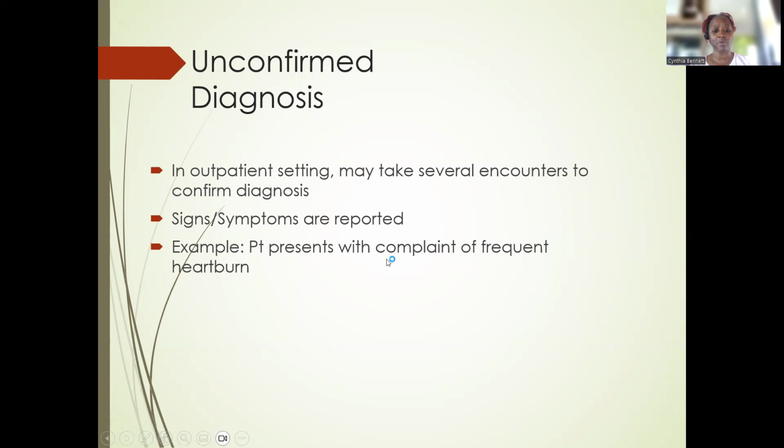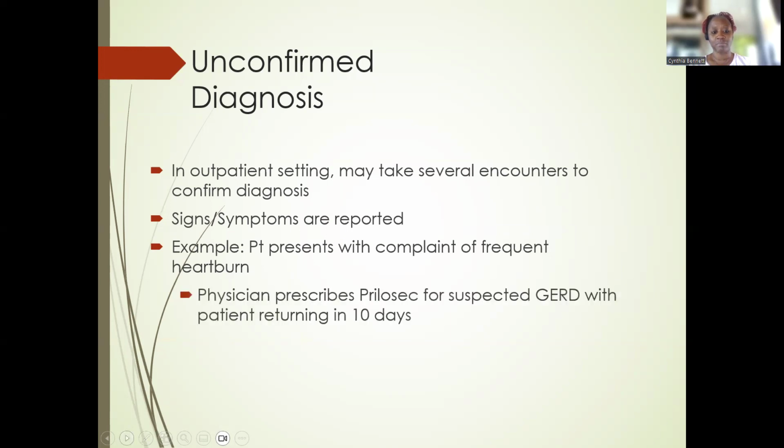Here's another example. A patient presents with a complaint of frequent heartburn. The physician prescribes Prilosec for suspected GERD, patient returning in 10 days. The key here is that it is suspected GERD. Whenever the doctor says suspected, rule out, possible, or any kind of wording like that, that is not a confirmed diagnosis.